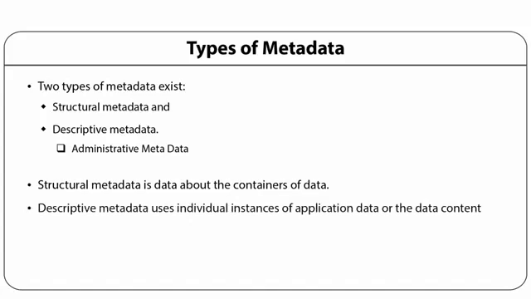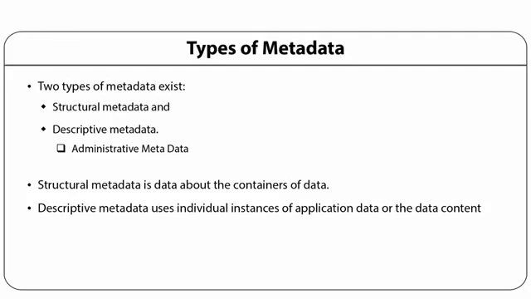Descriptive metadata. Descriptive metadata uses individual instances of application data or the data content. It speaks about the relevance of the content and classification of the subject domain, including the perspectives of the content. For example, data elements of indexes and abstracts.